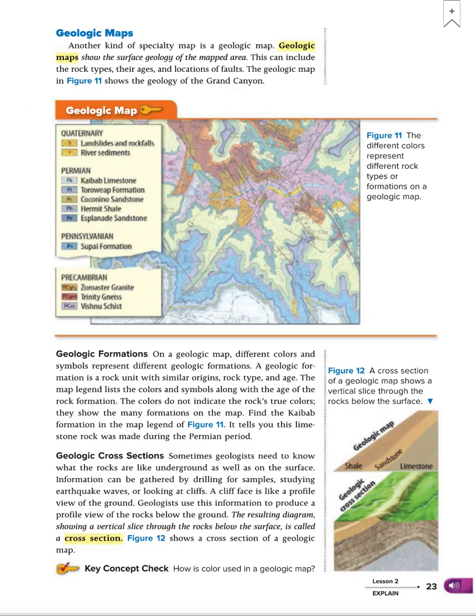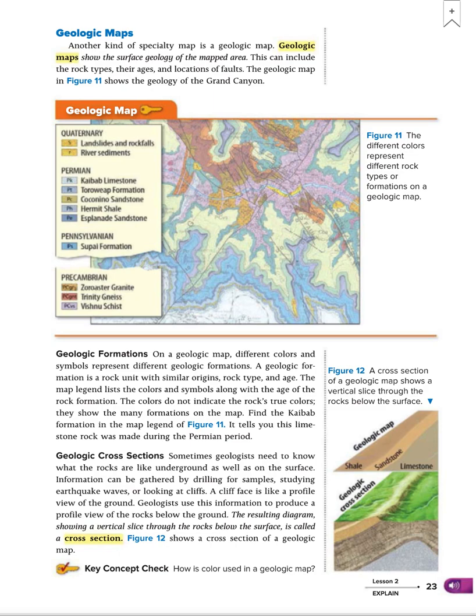So another kind of specialty map is a geologic map. Now, these maps show the surface geology of a mapped area. This can include rock types, their ages, locations of faults, and so on. The geologic map in Figure 11 here is the geology of the Grand Canyon. On a geologic map, different colors and symbols represent different geologic formations.